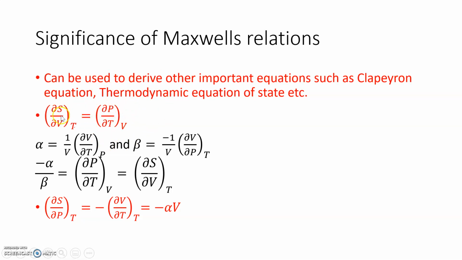But for a system which keeps changing its volume at constant temperature, determining the change with respect to temperature at constant volume is also difficult. In that case, we have another method. There are two terms, coefficient of thermal expansion alpha and coefficient of compressibility beta.